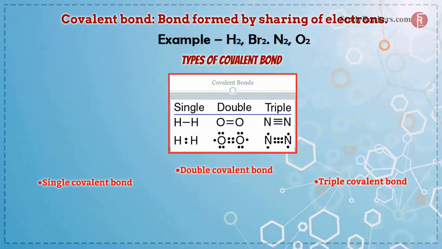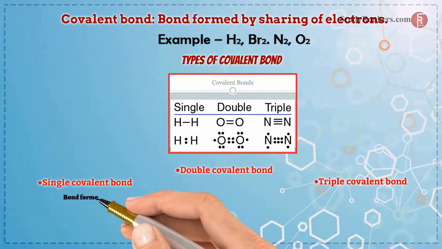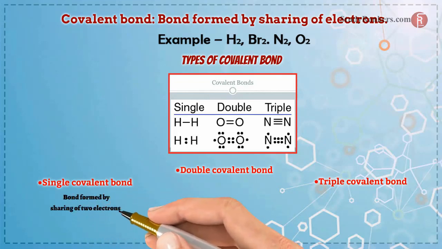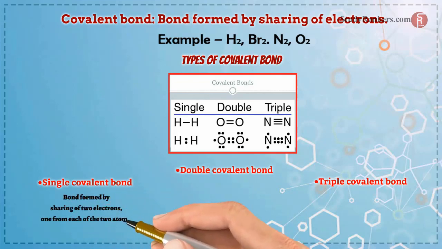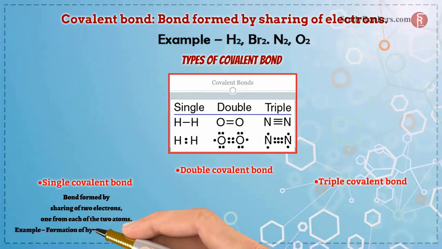Third, triple covalent bond. A single covalent bond is formed by sharing of 2 electrons, one from each of the 2 atoms. Example, formation of hydrogen molecule, H2. Here, you can see 2 hydrogen atoms share their electrons and form a covalent bond between them.